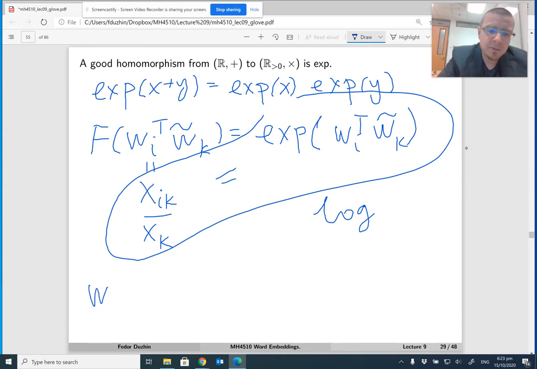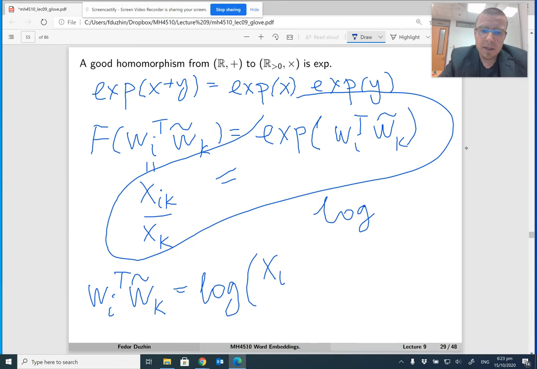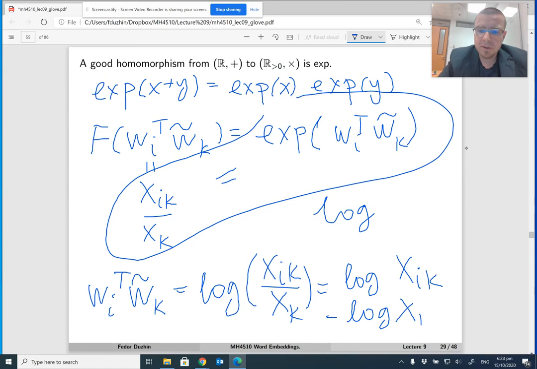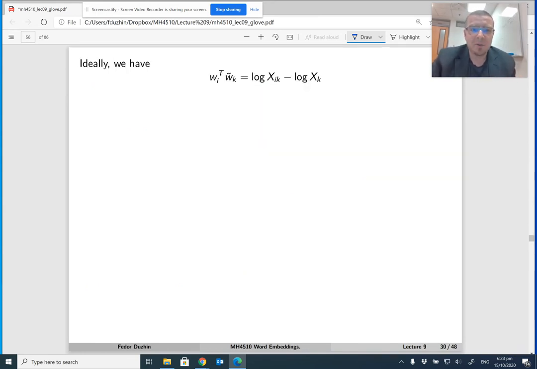So we will get w_i transposed w̃_k equals the logarithm of the ratio, which is the difference of logarithms: logarithm of x_ik minus logarithm of x_k. And this is what we want to achieve by finding suitable vectors w and w̃_k, right? So ideally we have this.